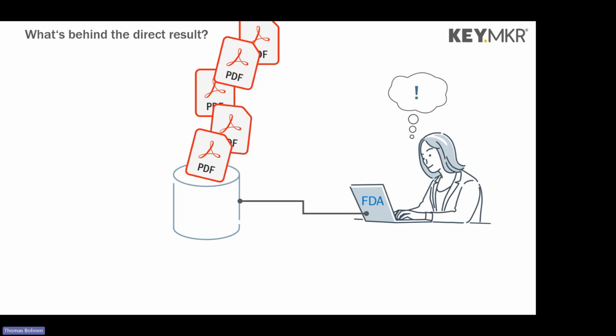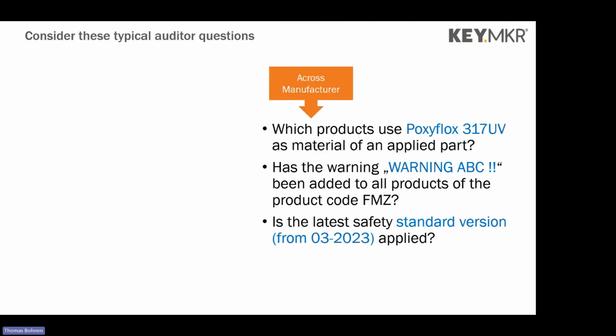And now we let our imagination play a little and see what kind of queries that could be. For example, across manufacturers. You go through this huge database and ask which products use this well-known polymer as a material of an applied part.